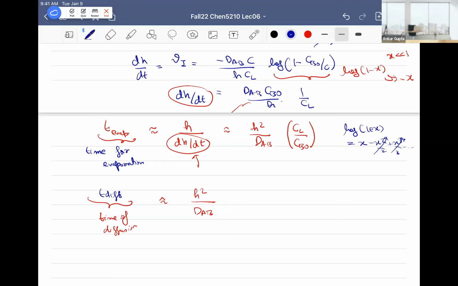You said evaporation is larger. Sorry, I might have misspoken, but CL is much greater than CV naught, so this number is much greater than 1. Diffusion is happening much faster. Evaporation time is longer, so it's slower.